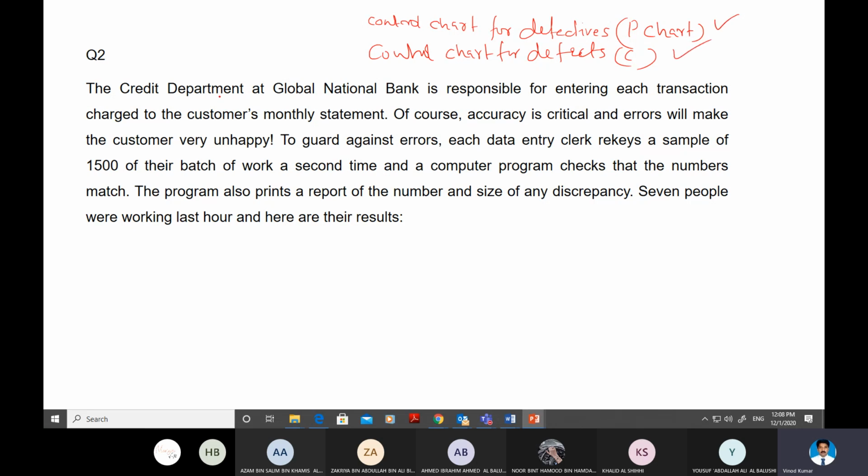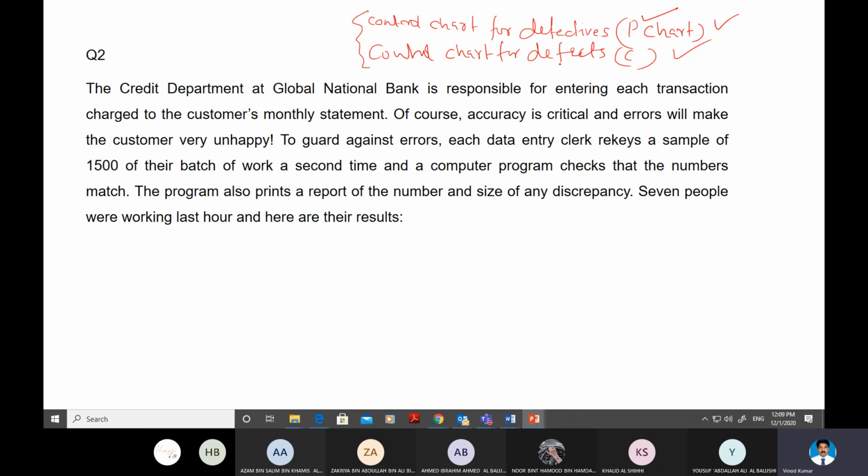Now, as I explained before, control chart for defectives means what? Defectives means out of 100 products, say 10 are defectives. This is called a P chart. Then what is the meaning of C, control chart for defects? Take one part, there are say 5 defects in one part.